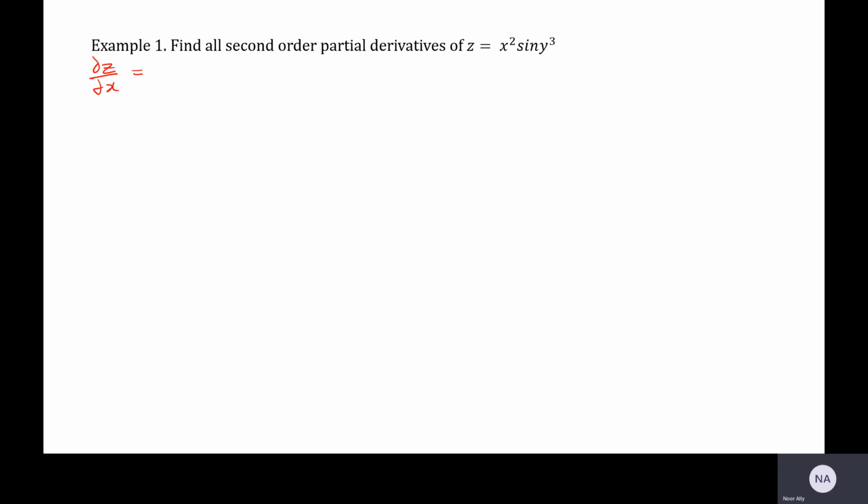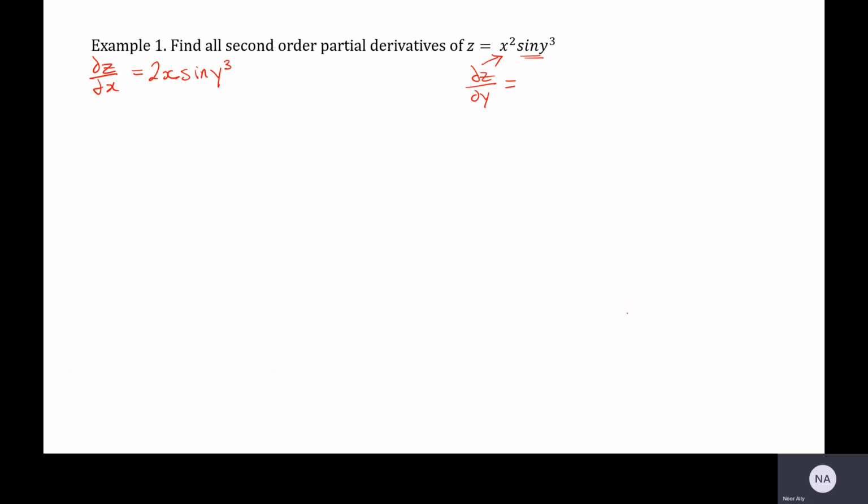That means keep y a constant. And there's sine y. All that will be a constant. I will write that down. Sine of y cubed. Now find the derivative of x squared. What's the derivative of x squared? 2x. That's it.